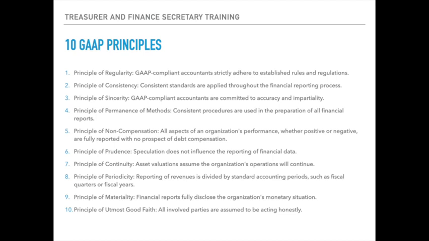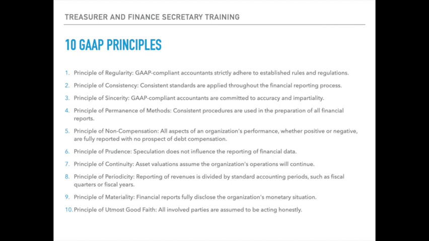The principle of non-compensation. All aspects of an organization's performance, whether positive or negative, are fully reported with no prospects of debt compensation. The principle of prudence. Speculation does not influence the reporting of financial data. The principle of continuity. Asset valuations assume the organization's operations will continue.